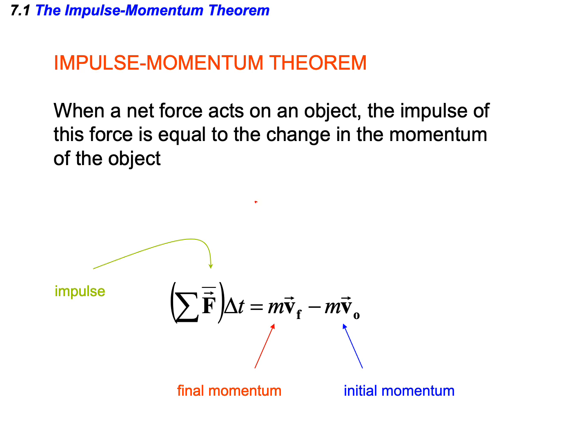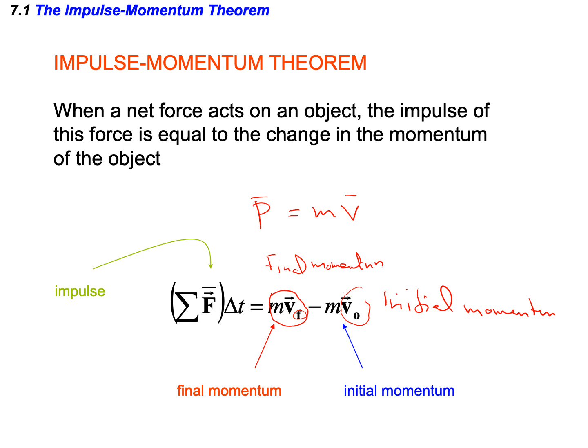Momentum is mass times velocity. So m times v final is the final momentum. mv is momentum, and v naught means initial, therefore initial momentum.